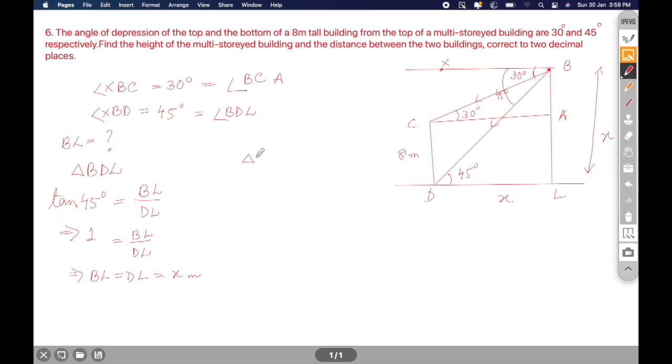Next, in triangle BCA, tan 30 degree equals BA by CA. Tan 30 degree means 1 by root 3. BA is not known but CA is x. So BA equals x by root 3.